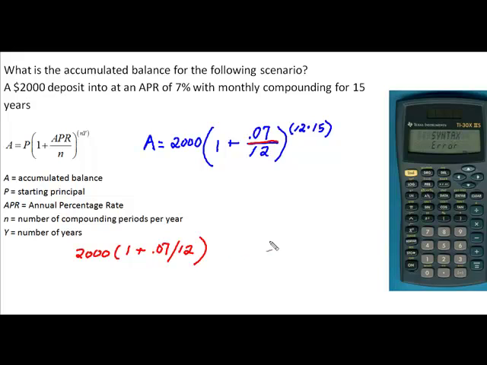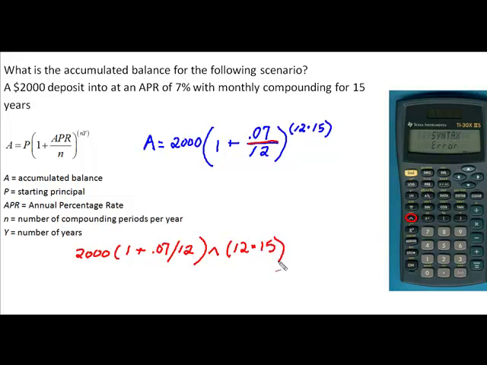And now we have to raise it to a power. When we raise something to a power, we use what is called the caret key. And that caret key is in the first column, 5th row. And that tells the calculator that an exponent is coming. But because this exponent is comprised of more than one number, in fact we have an operation going on here, we're going to want to put that into parentheses, enter in the 12, times, and then the 15.